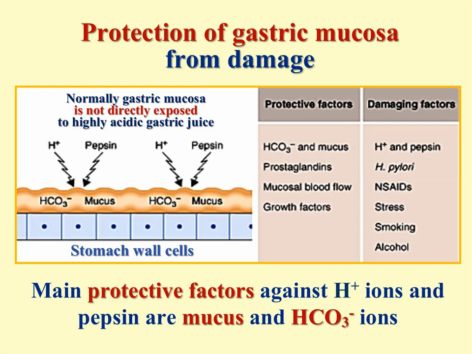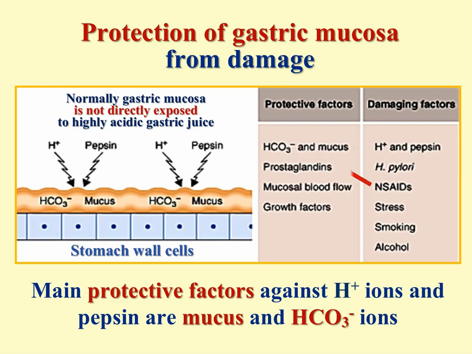But NSAIDs, why are they also responsible for damage? Because, you remember, they operate through the inhibition of cyclooxygenase, which blocks formation of prostaglandins. And among these prostaglandins, not only pro-inflammatory ones are present, but also favorable prostaglandins that provide protection of gastric mucosa.